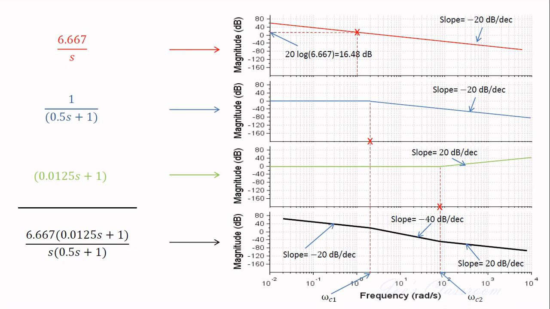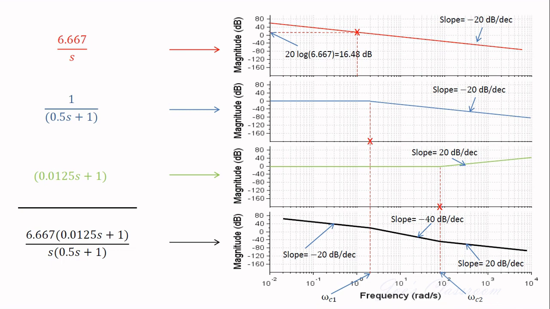However, whatever we did in getting this combined or total magnitude plot, we can compile as a set of step-by-step procedures, so that there is no need for sketching these plots separately and then adding up. So that's what we are going to do now. We are going to formulate the step-by-step procedure.